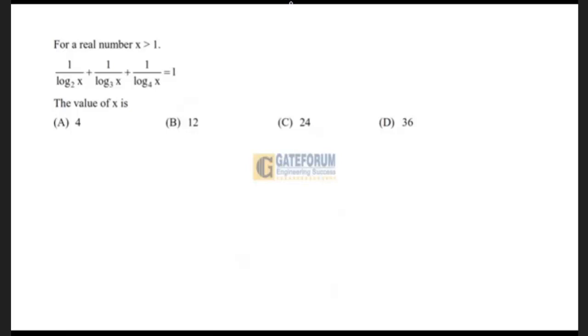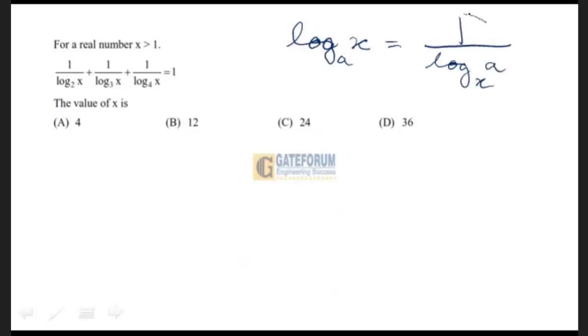Now we must be knowing that if anybody says that log x to the base a is there, I can say it as 1 by log of a base x. This is a very basic rule.